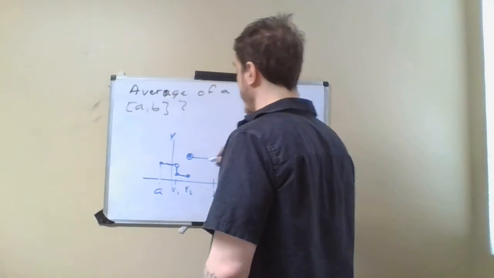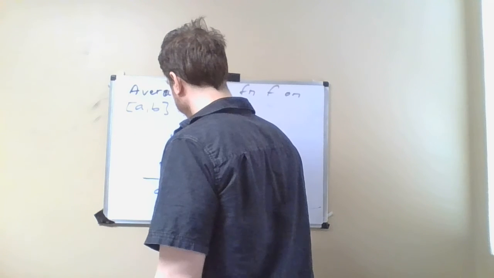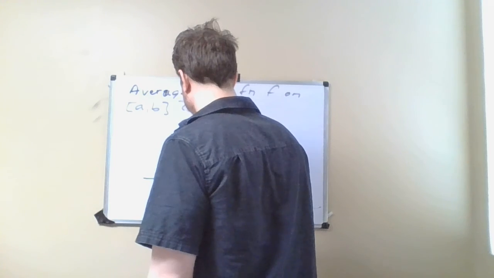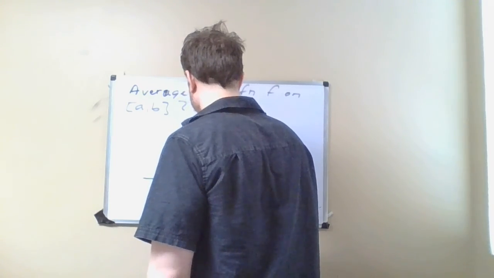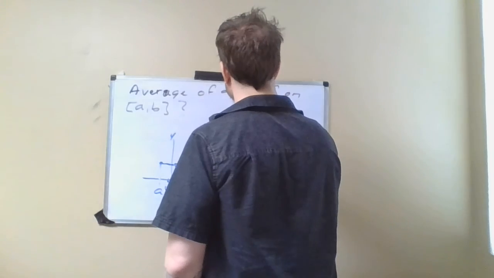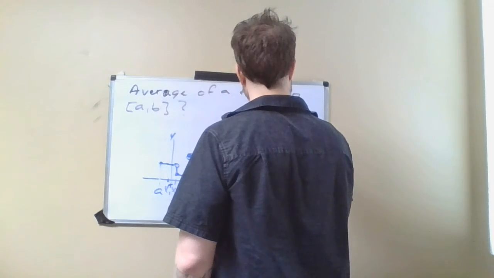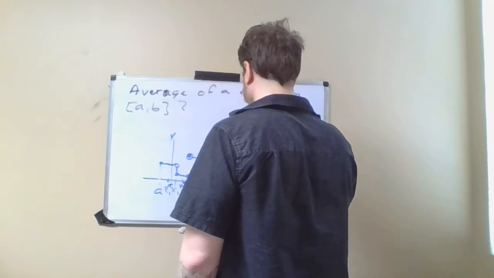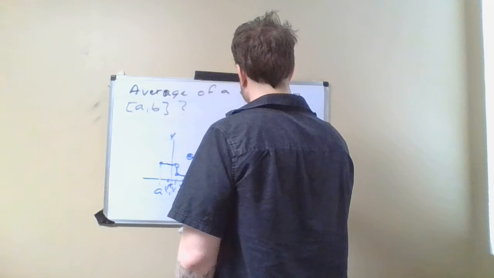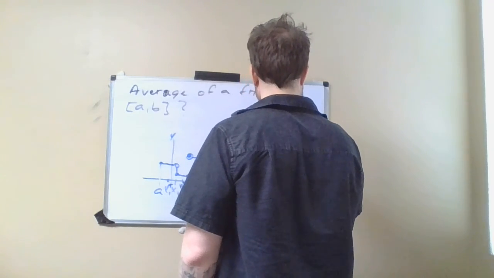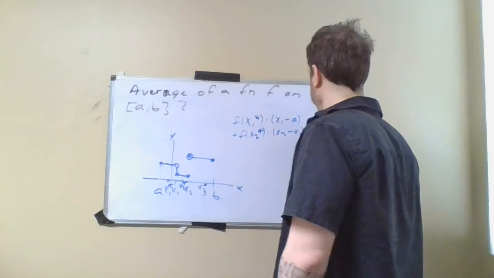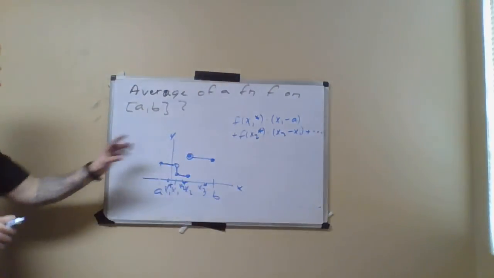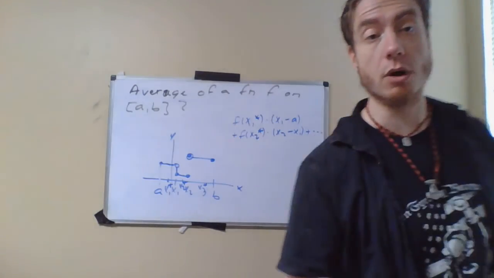Well, then the average should be obtained by taking f of x1 star times x1 minus a plus f of x2 star times x2 minus x1. And we would keep on going like this. Maybe there's, I only drew 3 here, but you might have more than this. I just didn't feel like making my drawing even more cluttered.